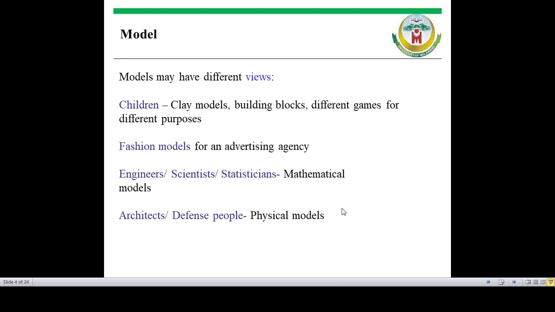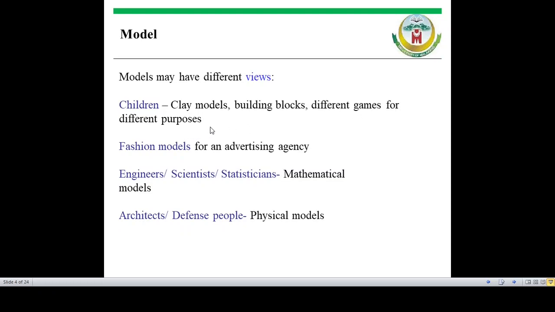Okay, so models may have different views. For example, for children, clay models, building blocks, different games for different purposes. The clay models actually represent human beings. The human beings are the actual system, and the clay models are the models. Building blocks are also representing some system.